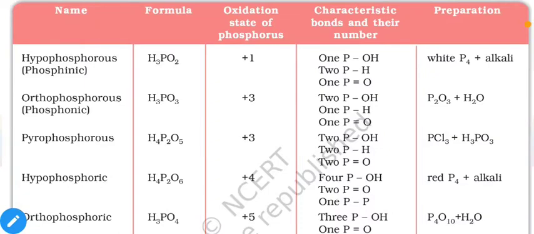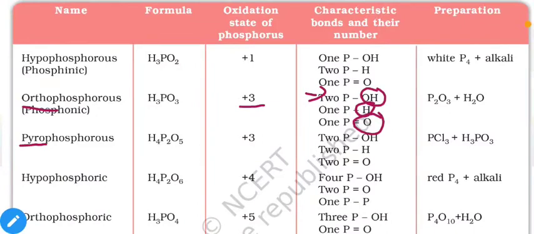Second is orthophosphorus acid, H3PO3. It has +3 oxidation state and contains two P-OH bonds, one P-H and one P=O bond. Now usually ortho and pyro prefixes are used if a compound has a different spatial orientation of attached groups. In the attached groups we have OH, H and O in this case.